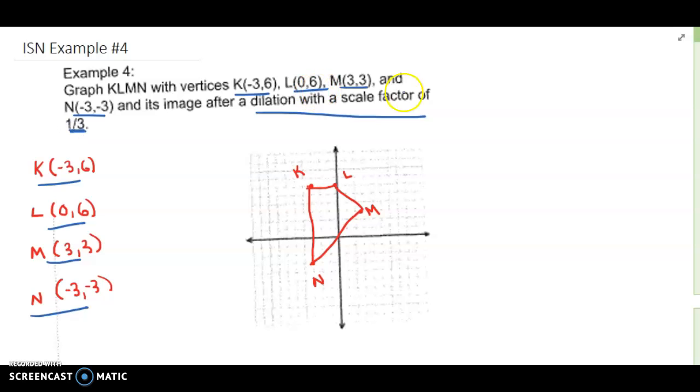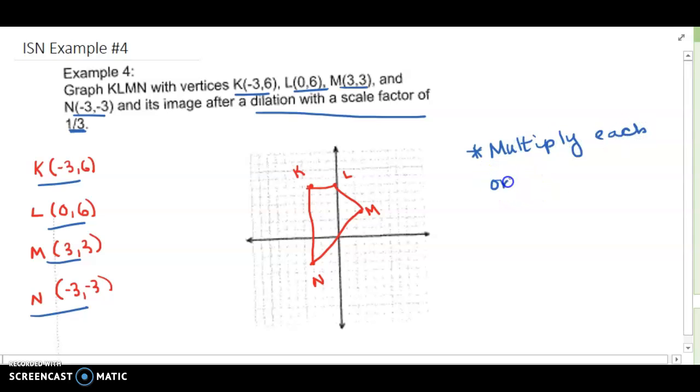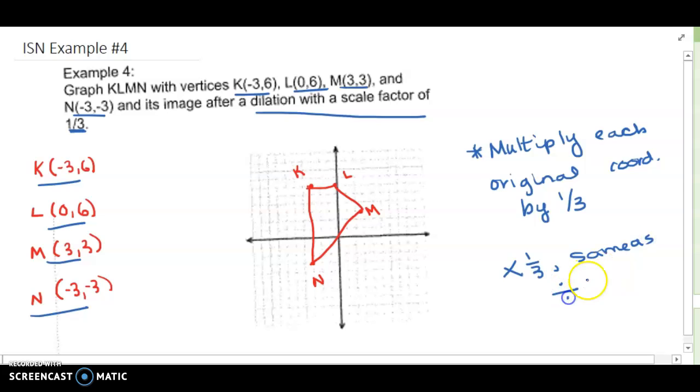So that means we're going to multiply each of the original coordinates by 1/3. Now think about it. When we multiply something by 1/3, it's the same as dividing it by 3. So that might help you a little bit.